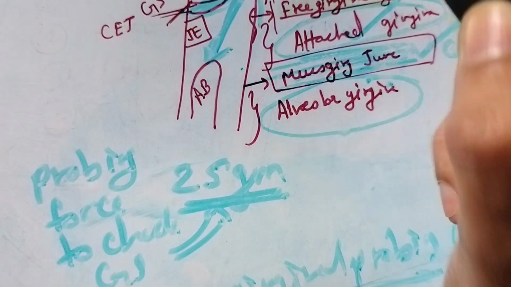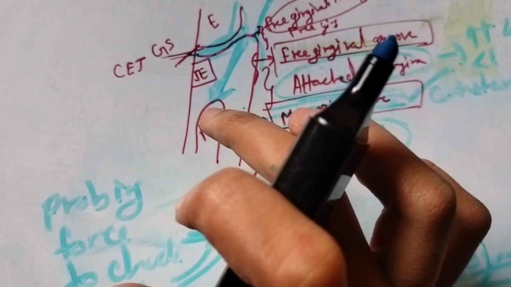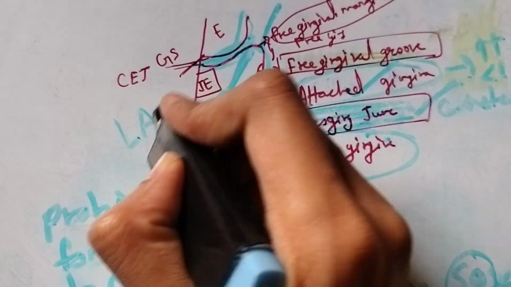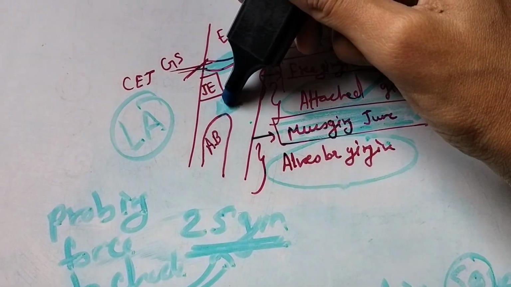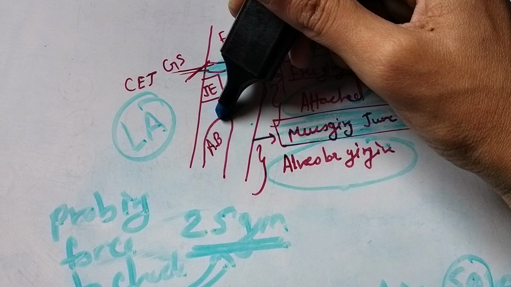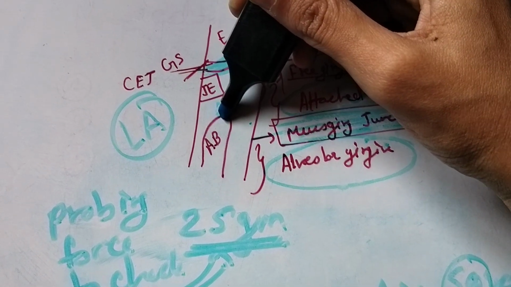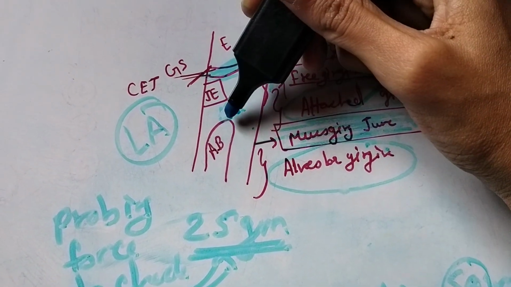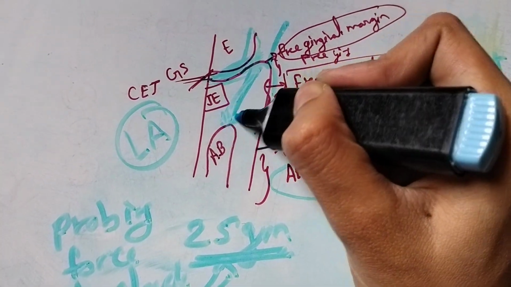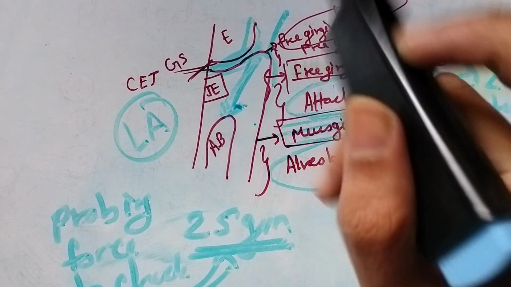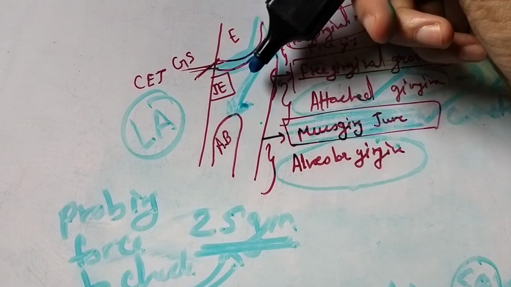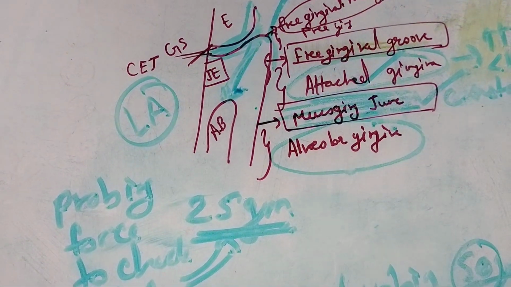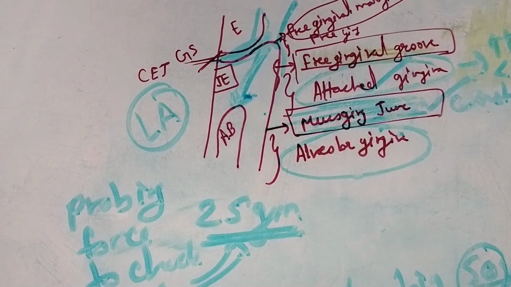First of all, we have to give the LA to this tooth, and we forcefully insert the probe, and up till the alveolar crest is felt. So this type of probing is the transgingival probing, and the force required for the transgingival probing is 50 gram force.